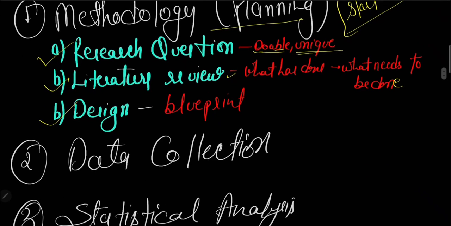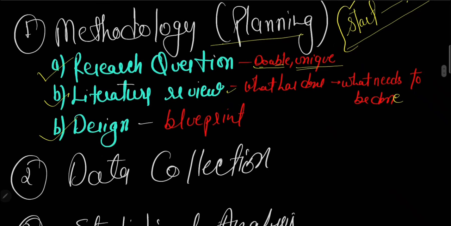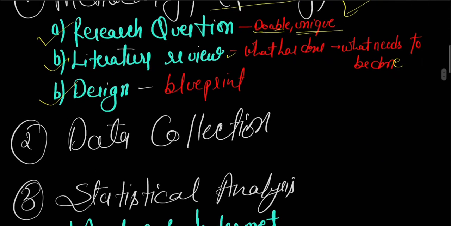Next, now we have our sample, we have done the literature review, we have our question. Next we'll go for data collection. We are collecting different variables, different data sets. This can be done by many methods like questionnaire or any particular test, or you can directly ask them, an interview.